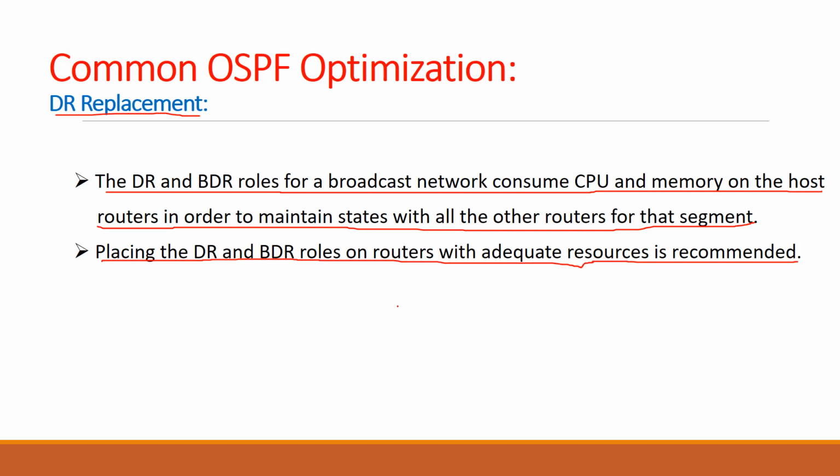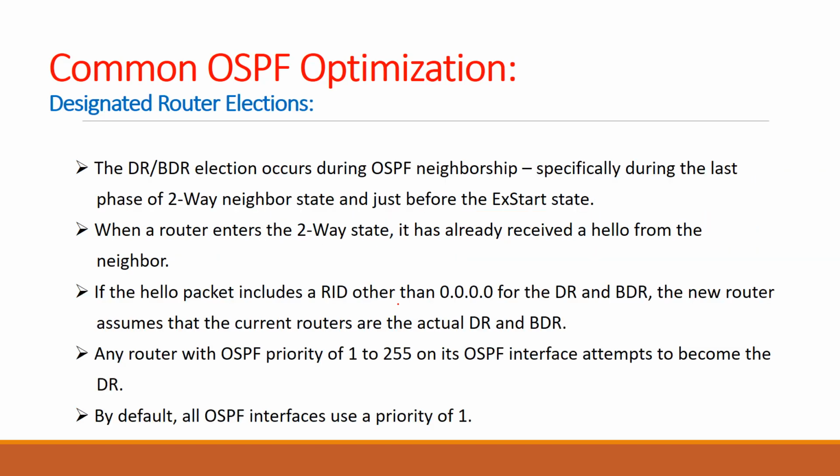So you have to choose a router with good resources, CPU and memory, and assign it the role of the designated router and the backup designated router. So how to choose or to place the DR in the network? By elections, choosing the designated router elections.